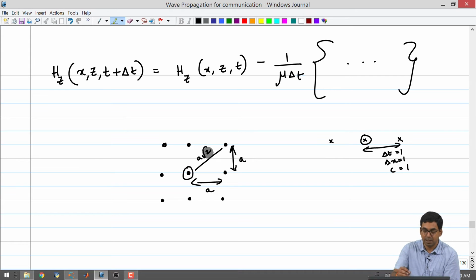So, in this case, we have to consider this to be the maximum velocity because in delta t it travels A root 2 distance, but in the other directions, for a time delta t it travels a distance only of A. So, in the Cartesian directions x and y, your velocity is only A divided by delta t, but in the diagonal direction it is A root 2 divided by delta t. Those things come into the picture.